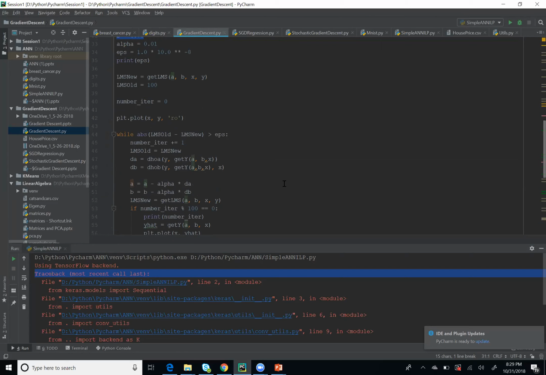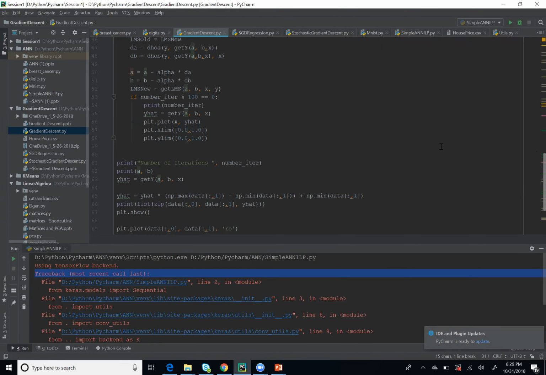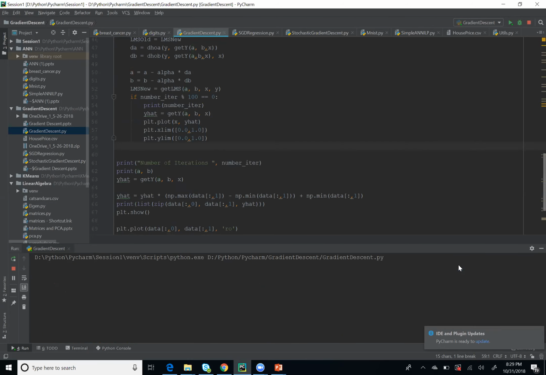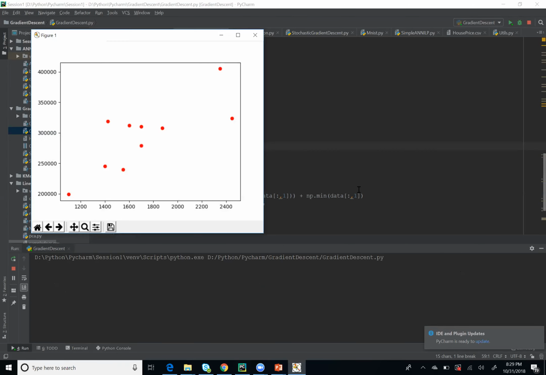I iterated like 100 times, and let me plot this. So this is just for your knowledge: you can directly use the gradient descent classifier from sklearn, but I hard coded it to explain what the predicted values are.